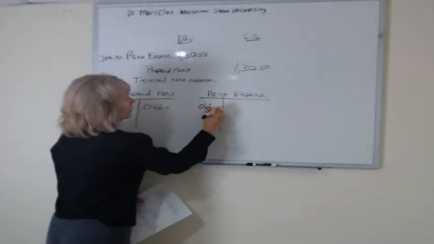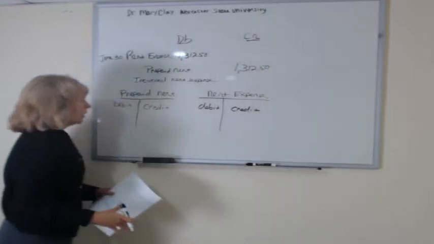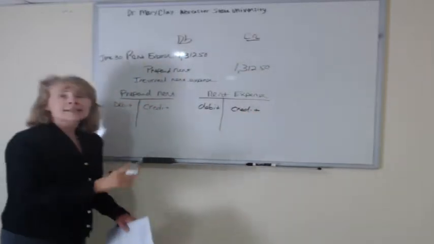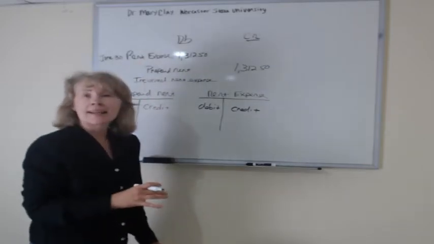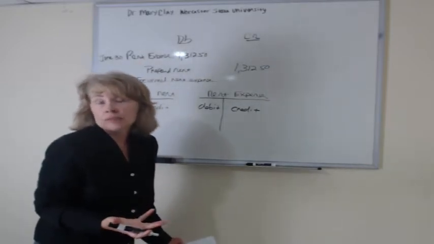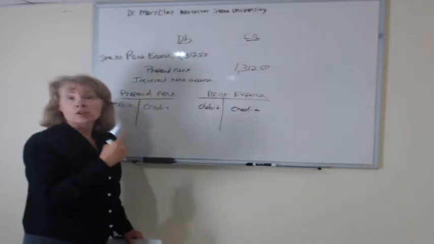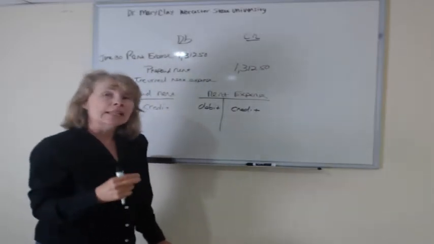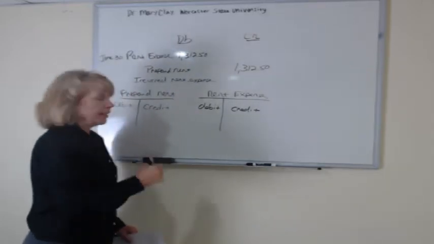Right over here, and then I go over here. So what I'm about to teach you is how to post. What I'm showing you is a T account. Looks just like the capital letter T. On the top of the T is the name of the account. The left is the debit, the right is the credit.